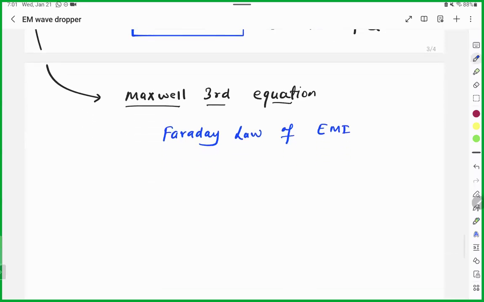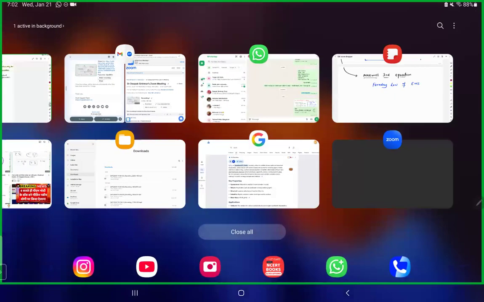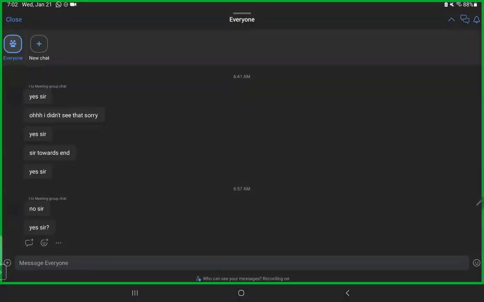What will be the formula? Sir, will it be epsilon is equal to minus n d phi by dt? Yes.